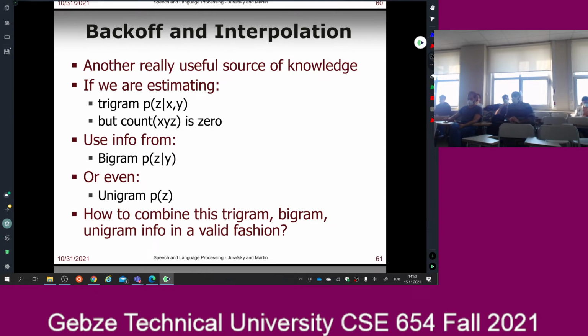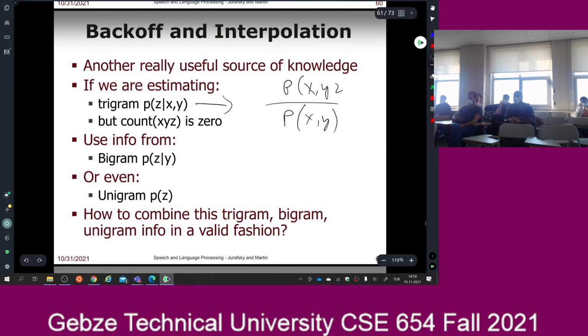Somebody came up with this idea. Say that, okay, to calculate this, we need trigrams. Remember this? How do you calculate this one? You would say probability of xy and probability of xyz, right? So I need to calculate this trigram to calculate this one. If I don't have the trigram, they say that if you cannot calculate this one because this is 0 or that is 0, then calculate this one.